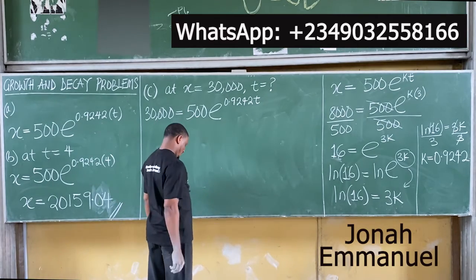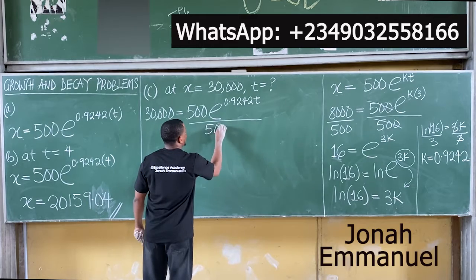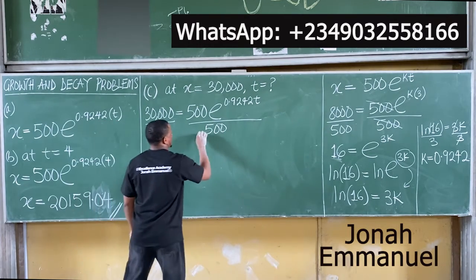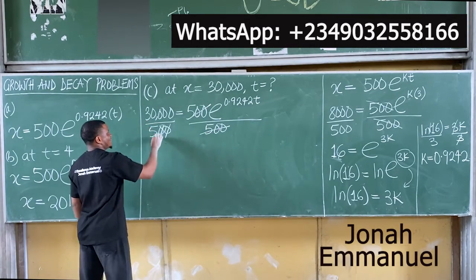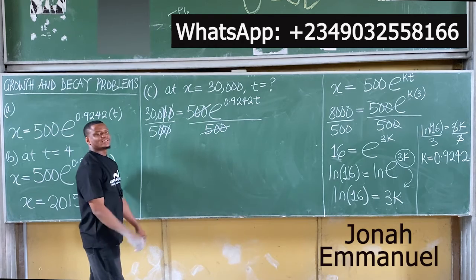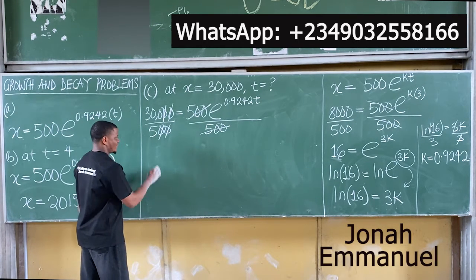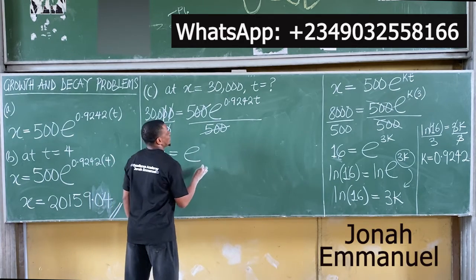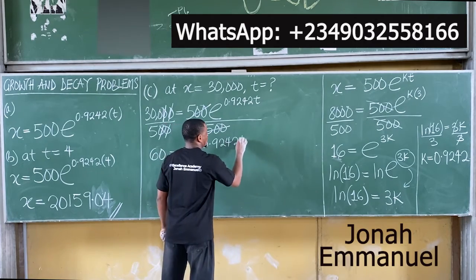To get t here, my first task would be to divide here by 500. Divide here by 500. This will cancel this. This will give you 600, this will give you 60, please. 60 is equal to exponential 0.9242 t.